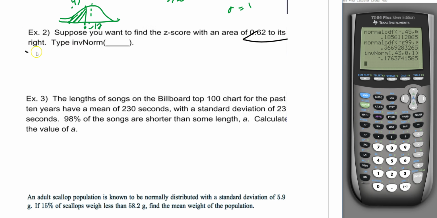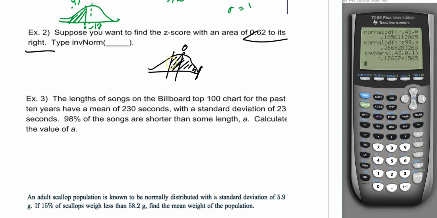Right, this area is to its right, so it's saying, hey, 0.62, you're starting from the right hand side, like it's too heavy or too big or something like that. You have to start from the right hand side. 0.62, that's more than halfway. Halfway is 50%, so this is like over here actually. 62% is more than halfway.